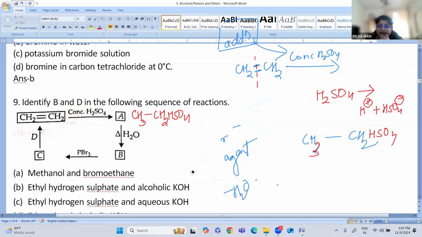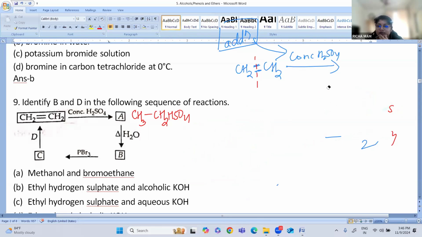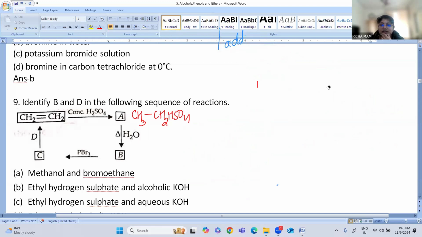So this is our A. Now A, we are going to heat it with water. After heating with water, what am I going to get? Let us see. So here now CH3, CH2, HSO4. CH2 double bond CH2 is a symmetrical alkene. What do you mean by symmetrical alkene?